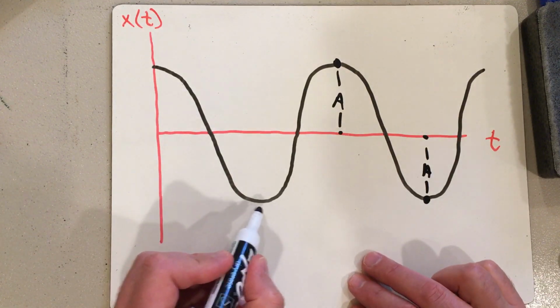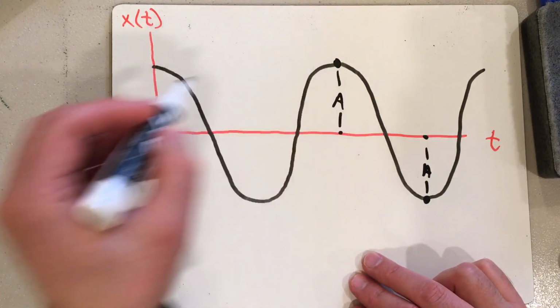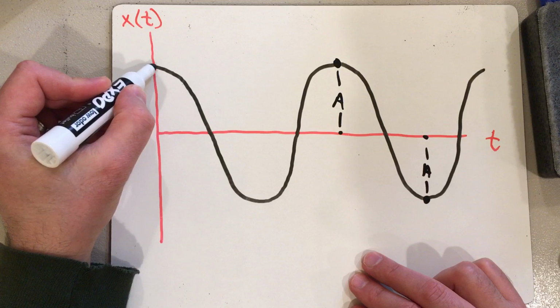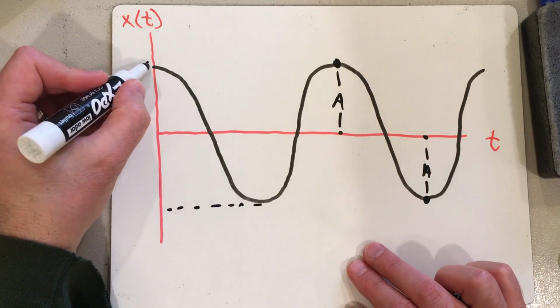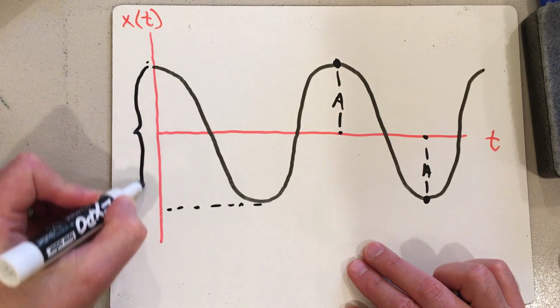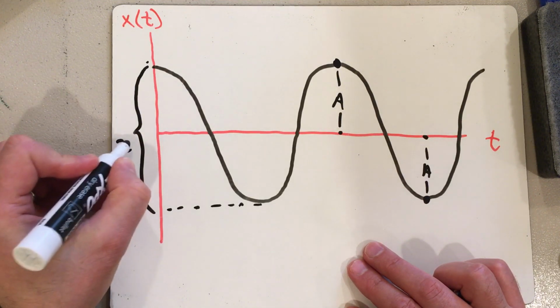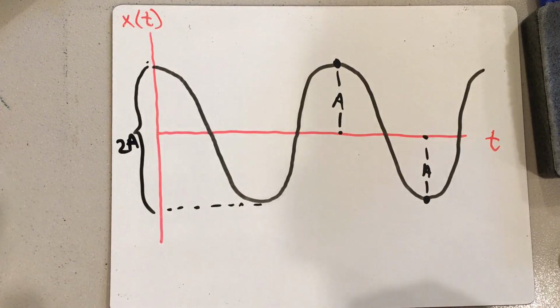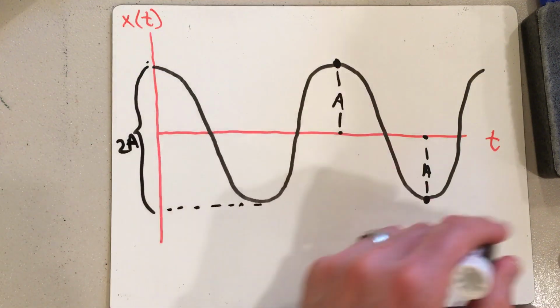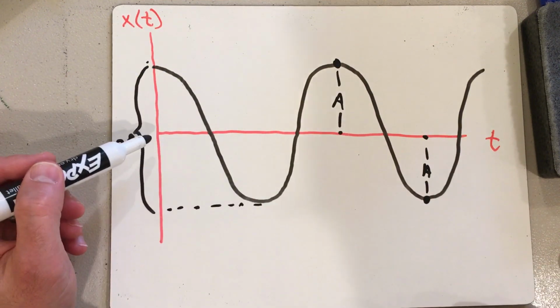If you go from all the way at the top, from a peak down to a trough, that whole distance is twice the amplitude. And that's important to realize because sometimes, and this is the case in the lab, your simple harmonic motion isn't centered on the origin.